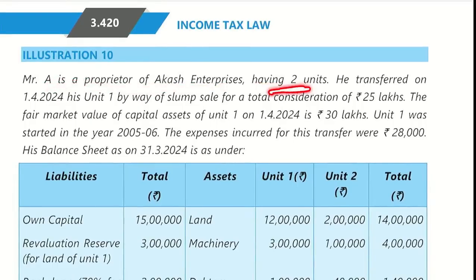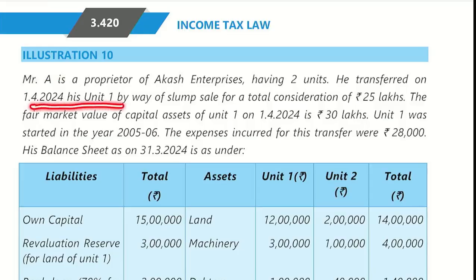He transferred on 1/4/2024, in April 24. It is pre-budget, but we are not concerned with indexation now, because in 50B slump sale there is no indexation even before the budget.